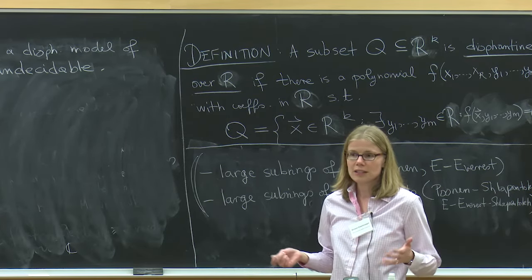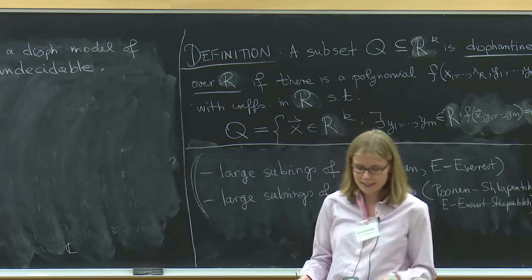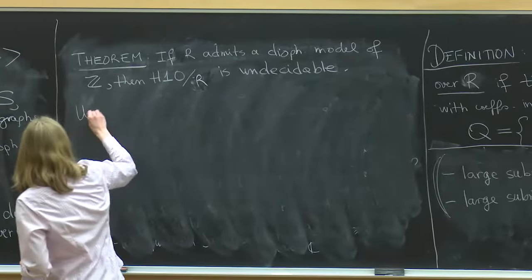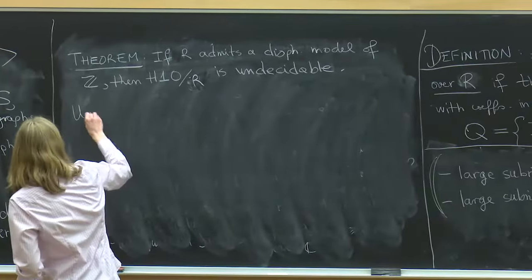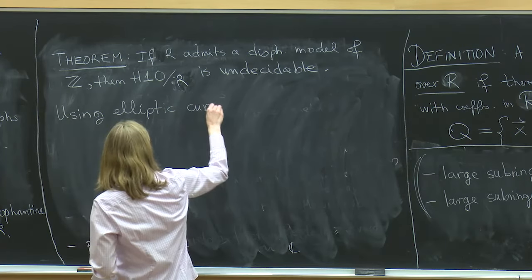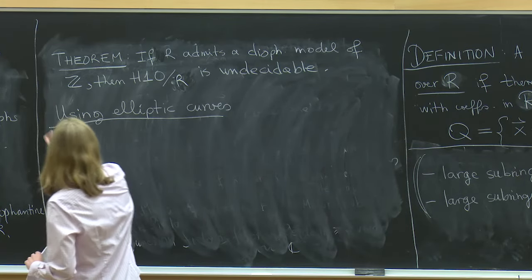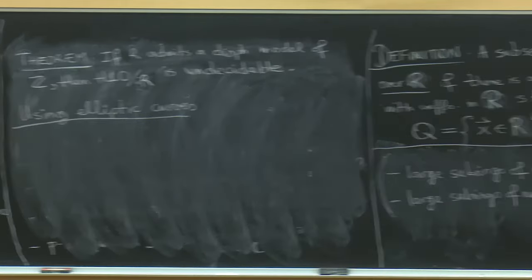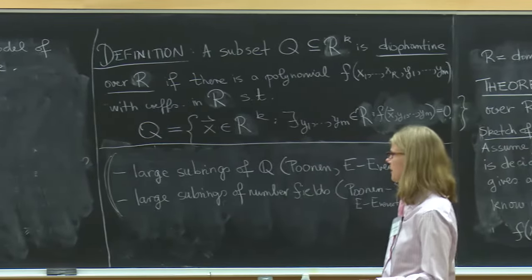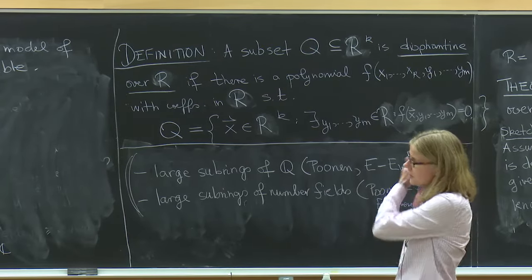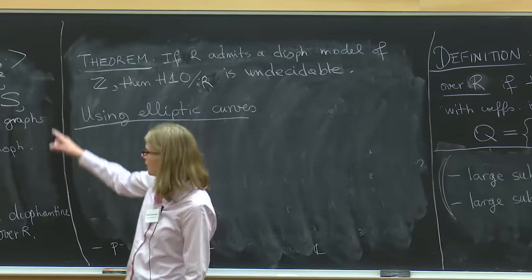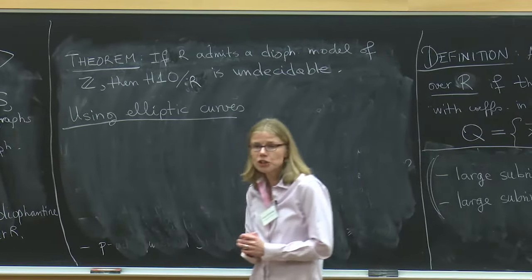Of course you don't have the integers as a subring, so they can't be Diophantine, but it's still possible to construct a Diophantine model. And here is also where elliptic curves come into play, because one way that people have been looking at these things is, if they want to prove undecidability either over some ring of integers or say some function field.